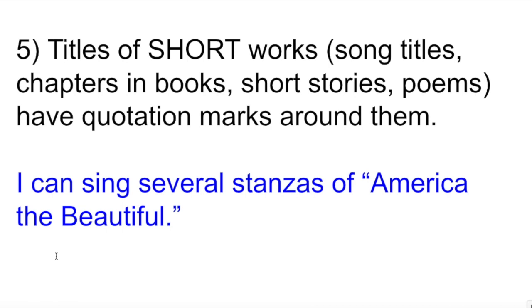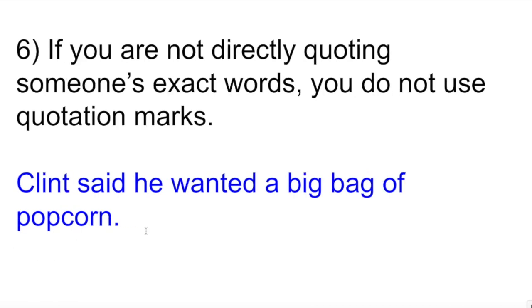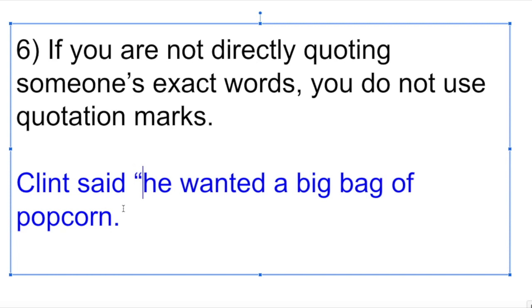It's a song title. Rule 6, if you are not directly quoting someone's exact words, you do not use quotation marks. For example, Clint said he wanted a big bag of popcorn. That doesn't have quotation marks around it because it's not an exact quote. We're not going to put quotation marks around he wanted a big bag of popcorn, because that's not a direct quote.